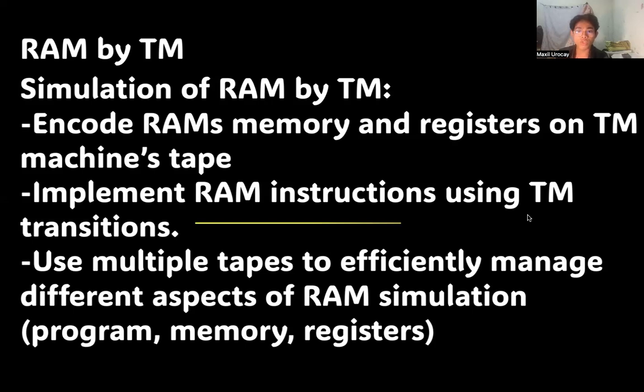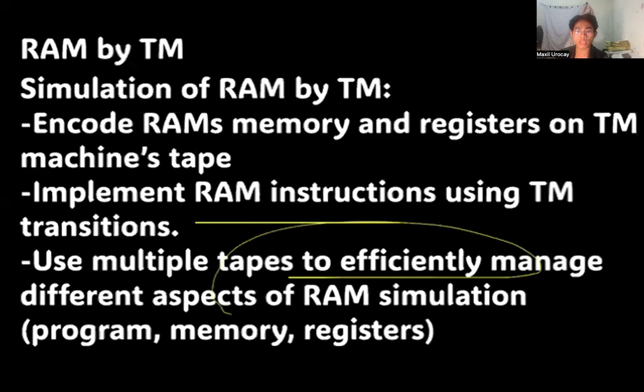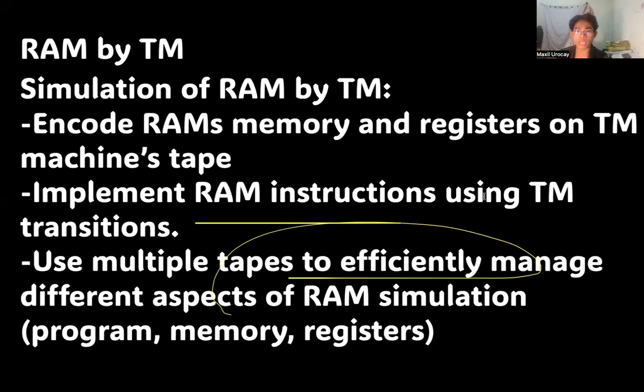We use multiple tapes to efficiently manage different aspects of the RAM simulation, which include the program, the memory, and the registers. So we utilize multiple tapes on the Turing machine to separate and manage the different aspects of the RAM simulation.